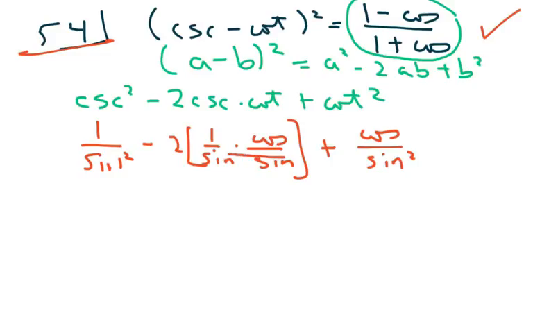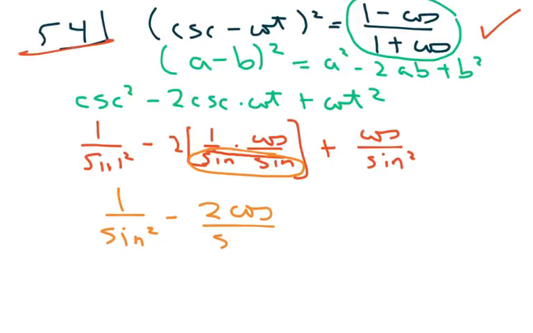As you know, this right here equals sine squared, so this will be 1 over sine squared minus 2 cosine over sine squared plus cosine squared over sine squared.